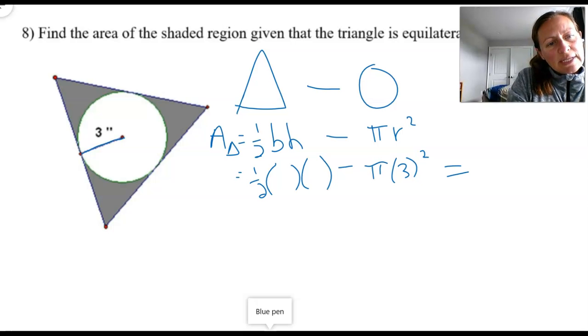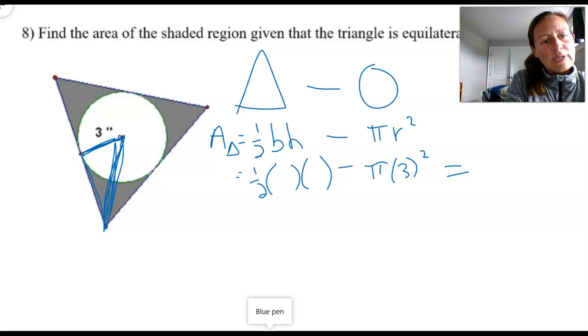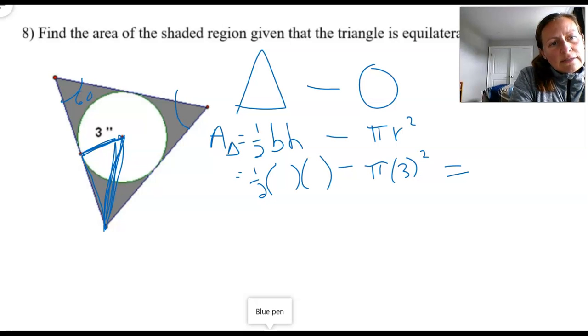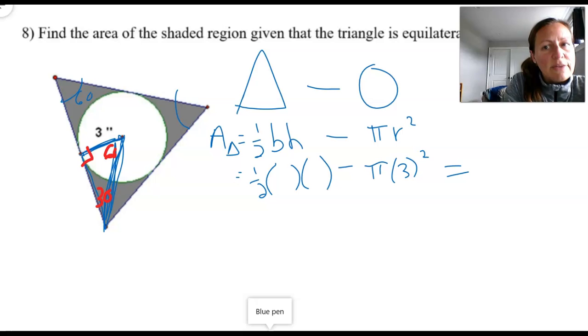This 3 inches, once again, I'm going to break it into a smaller triangle that has 3 inches as the height, and since this is an equilateral triangle, all of these are 60, and that means this in here is 30, this is 90, and this is 60. So I have once again another 30, 60, 90 triangle where the short leg is 3. The long leg is going to be 3 times radical 3.